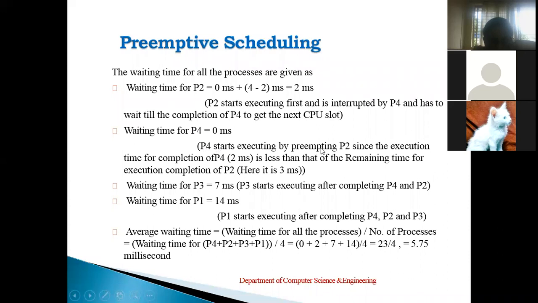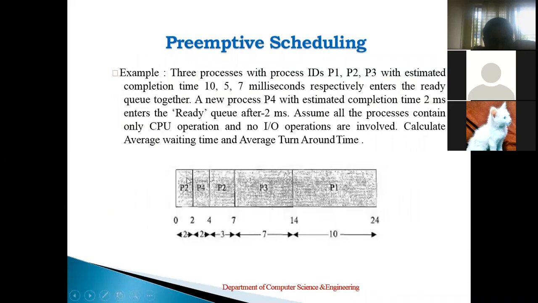So like that, tell me what is the waiting time for P2 now. Ma'am, 4. Okay, how is it for you? Earlier the starting waiting time is 0. Then it waits for 2 milliseconds. See here, when P2 first entered, it completed 2 milliseconds.